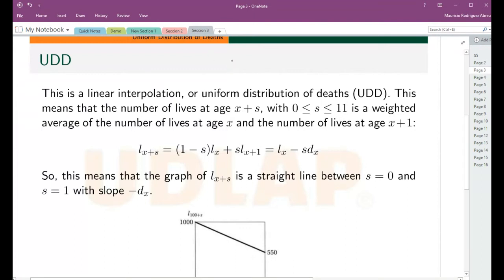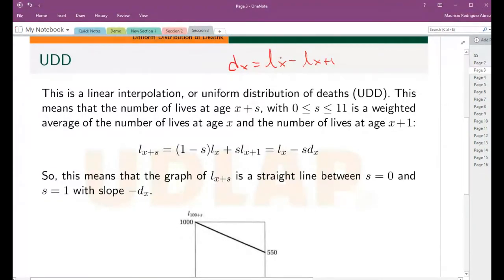Remember that we have this expression for life tables. If we get this number of people dying, this assumption tells us that if you have 12 members of your population dying, that means that in each month, one of these individuals dies.